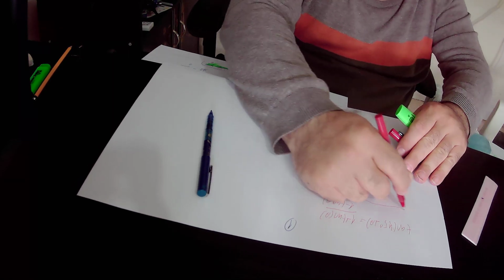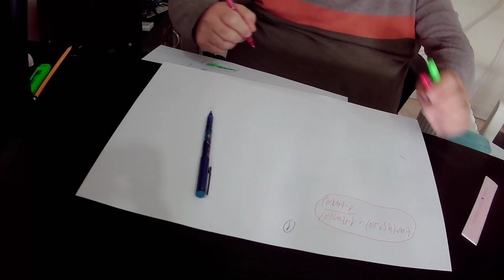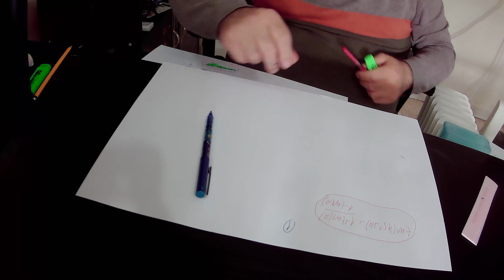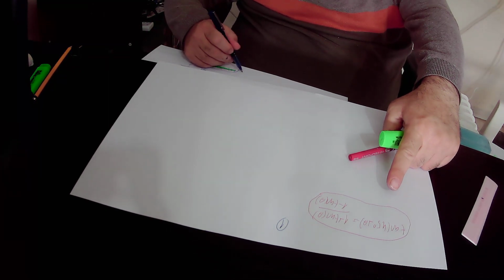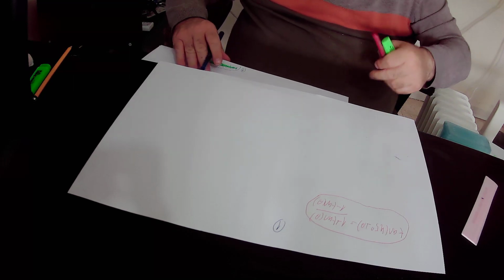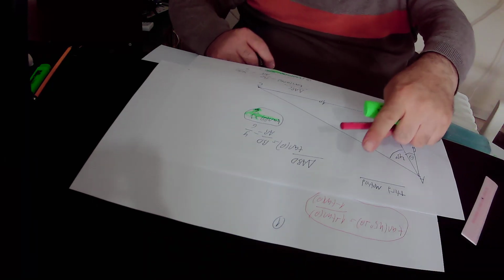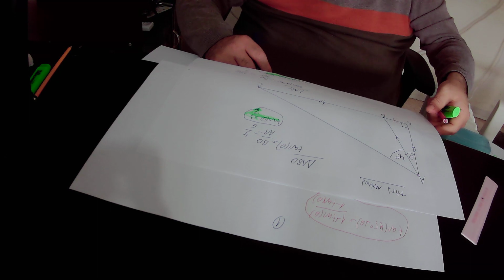We use this trigonometric identity and we will substitute tangent of theta plus 45 degrees in equation number 1 by 1 plus tangent theta over 1 minus tangent theta.